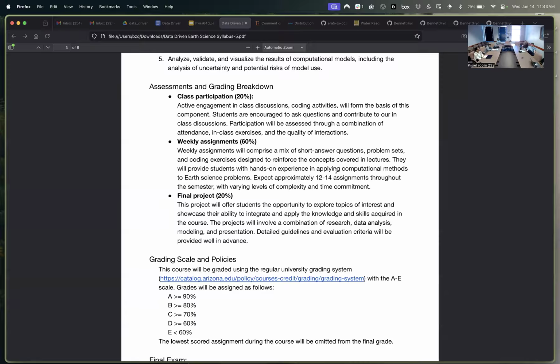I expect that most of it will be related to your research, but you'll use some methodology from the course to put together a little project report. Should not be too much of a lift.